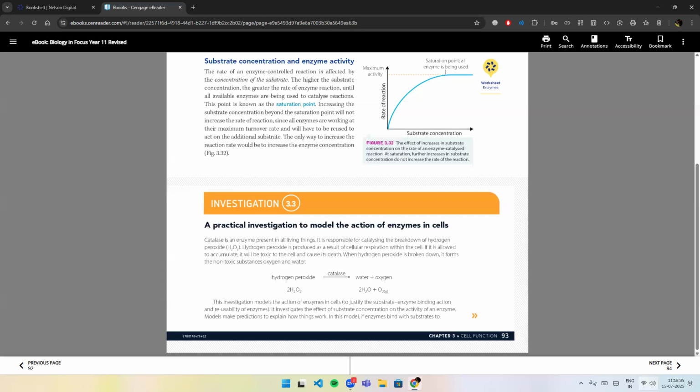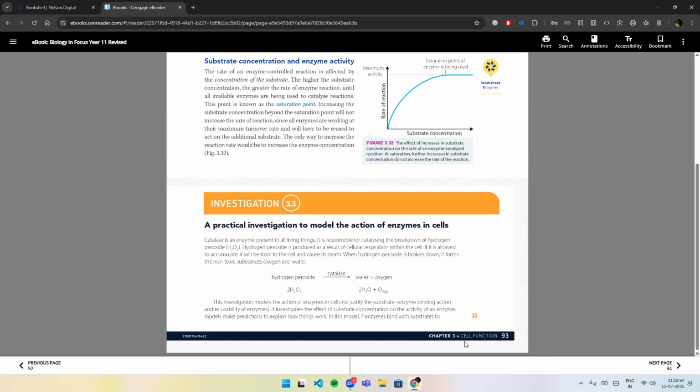This investigation models the action of enzymes in cells to justify the substrate enzyme binding action and reusability of enzymes. It investigates the effect of substrate concentration on the activity of an enzyme. Models make predictions to explain how things work.